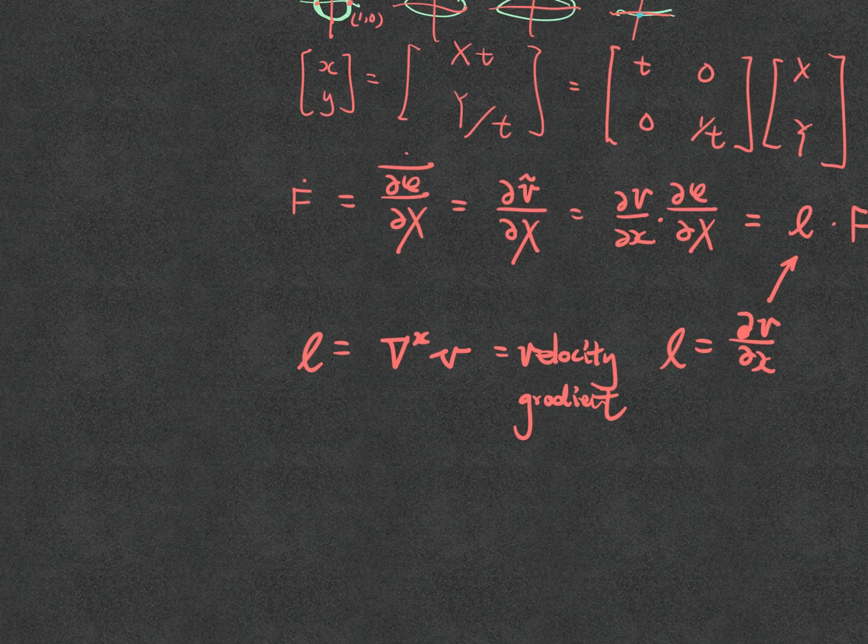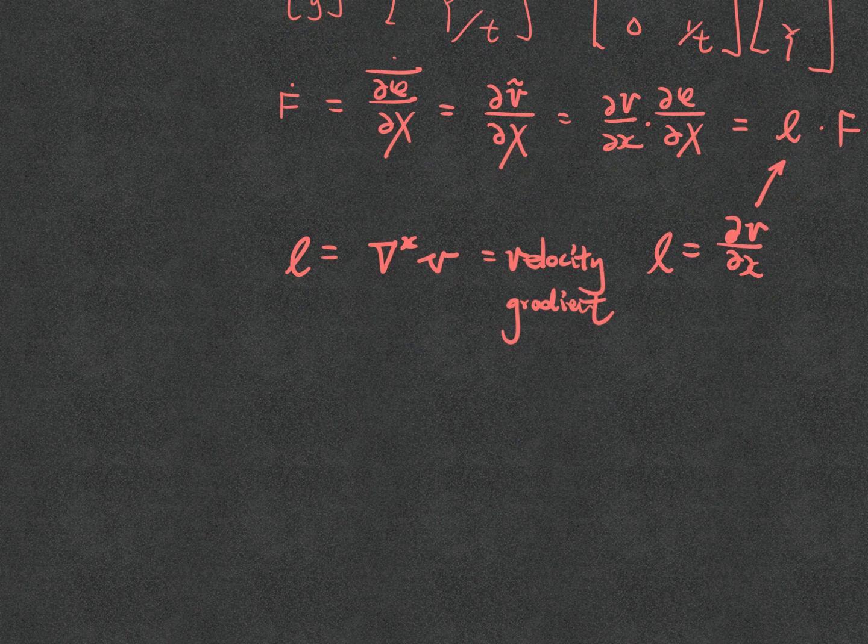Okay. Now, what is interesting about that L is that you can split it into two parts. L is equal to the rate of deformation and the spin tensor.